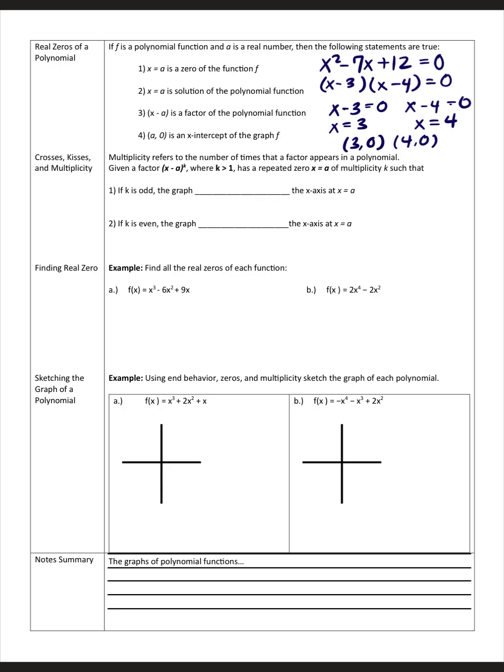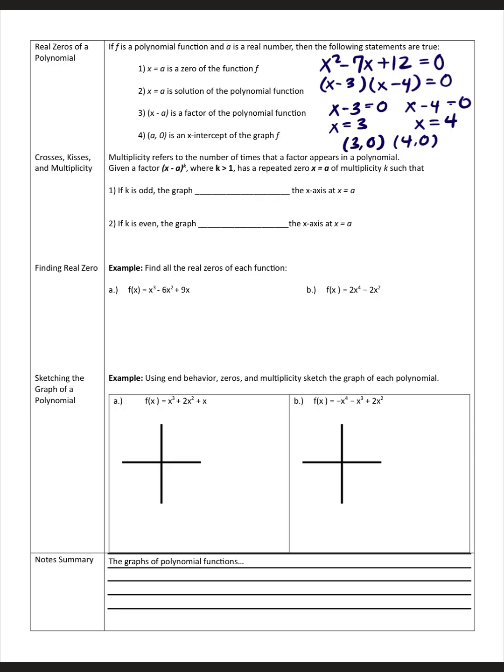All right. So now let's talk about crosses, kisses, and multiplicity. Well, multiplicity refers to the number of times that a factor appears in a polynomial. Given a factor, x minus a raised to the power of k, where k is greater than 1, has a repeated zero x equals a of multiplicity k, such that, now that's a little confusing, but don't worry, I will explain it so that it's less confusing.